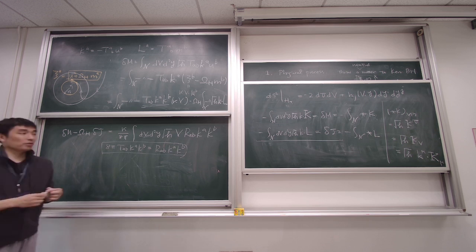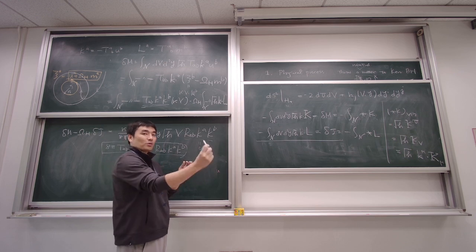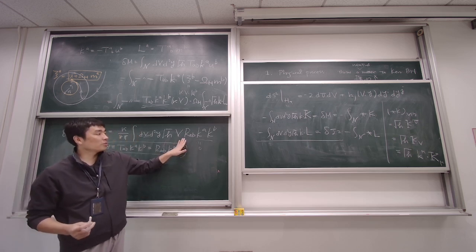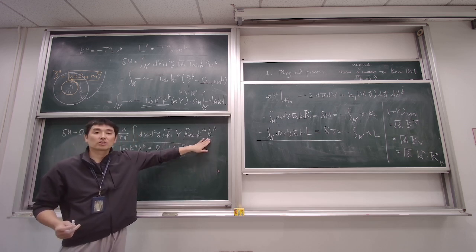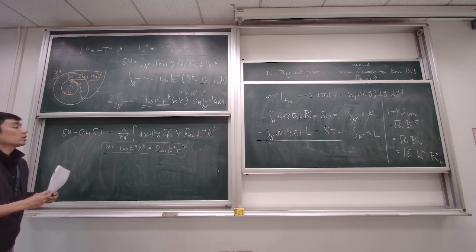For stationary, we showed that this is equal to 0. Stationary black hole, but now we throw something in, okay? So therefore, no longer it's stationary. So we cannot simply set this equal to 0, okay? And we need to show this quantity by perturbation.